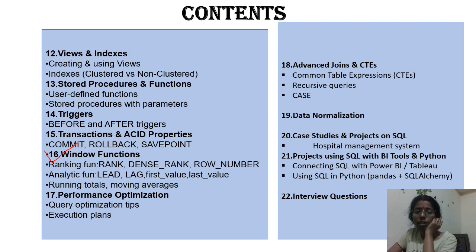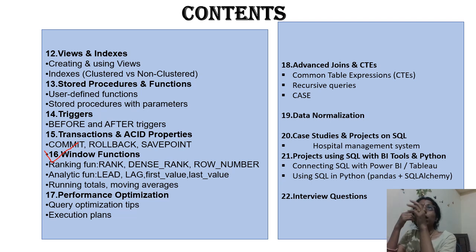It's one of the chapters in the advanced level topics. Window functions are divided into 3 parts: one is aggregate functions, one is ranking functions, and the third is analytic functions. Aggregate functions are the ones I mentioned: average, sum, minimum, maximum, count.